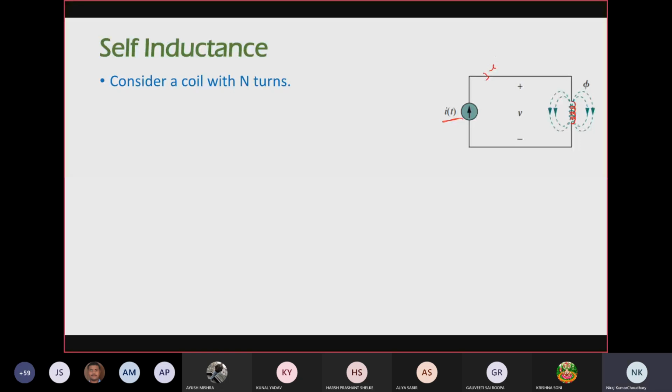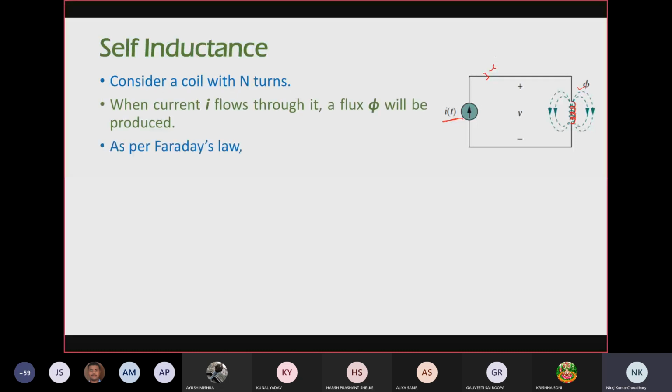A flux will be developed. As per Faraday's law of electromagnetic induction, there will be some voltage induced across this coil. Its magnitude, if we look at it, will be n d phi by dt.